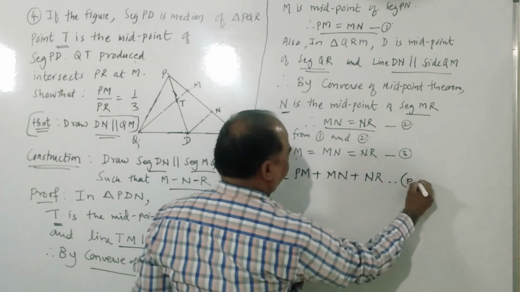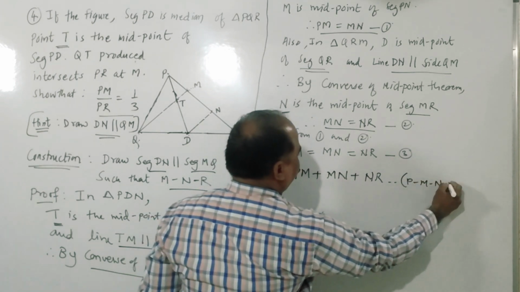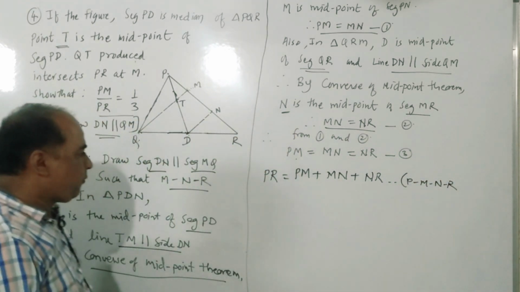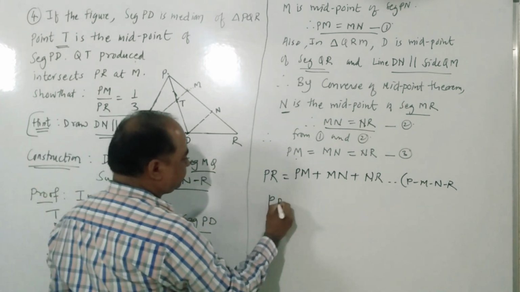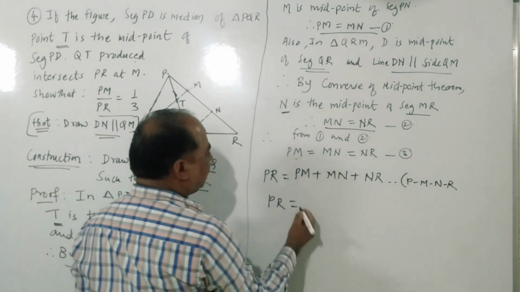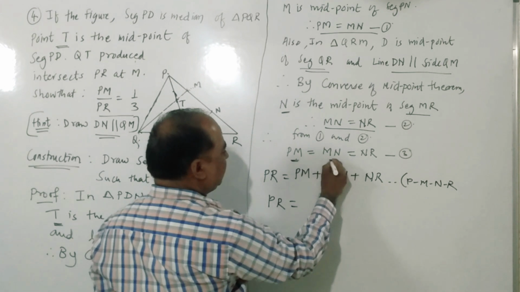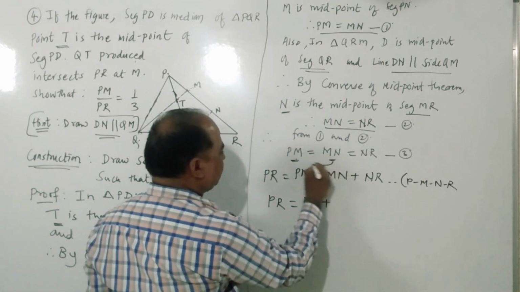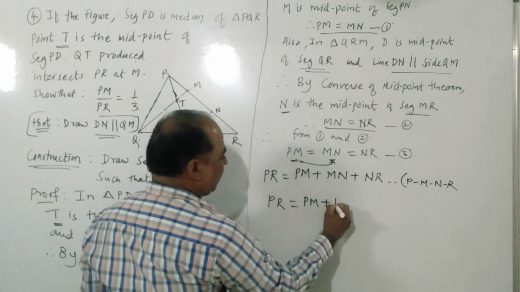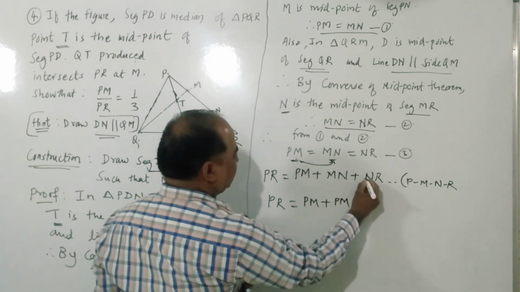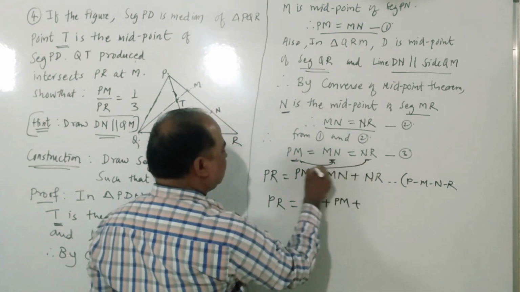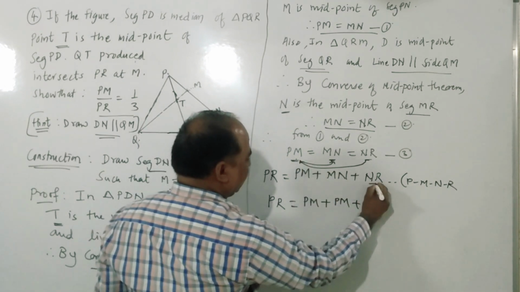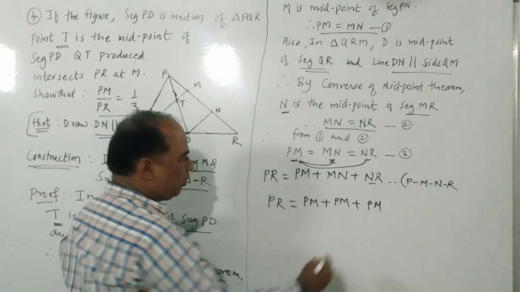But from statement 3, we can replace MN by PM, and NR is also equal to PM.